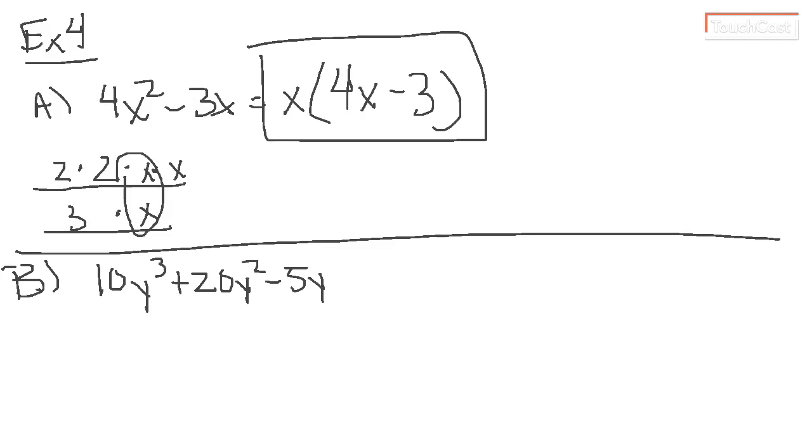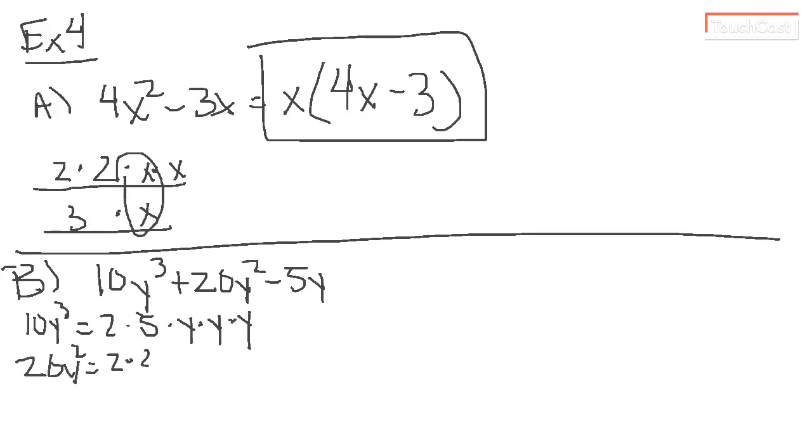So we're going to write 10y cubed as 2 times 5 times y times y times y. 20y squared we can write as 2 times 2 times 5 times y times y. And then 5y, we can write it as 5 times y.